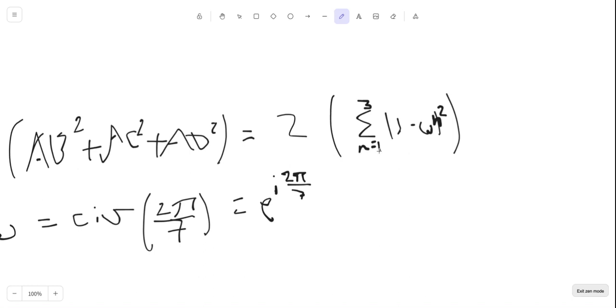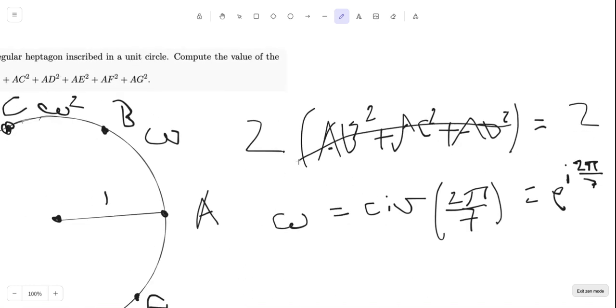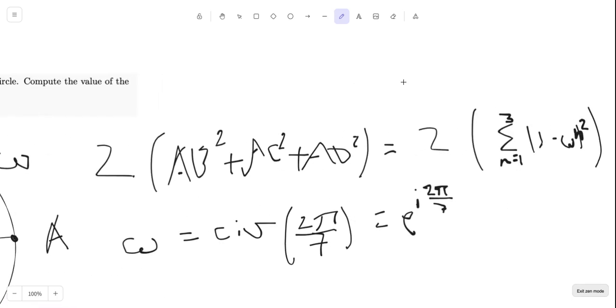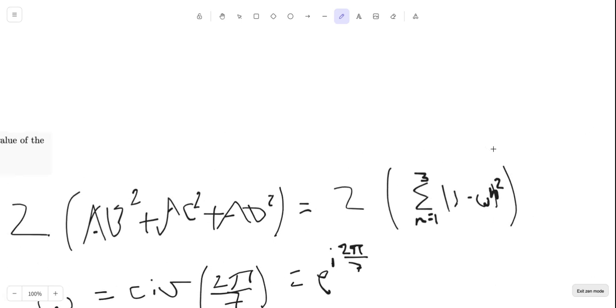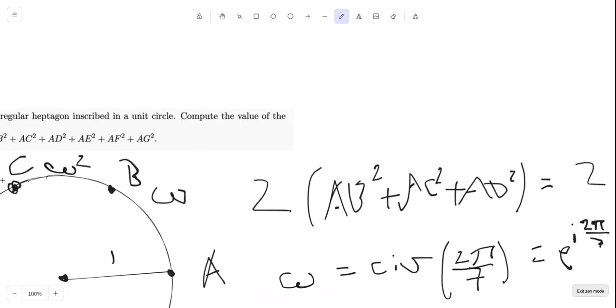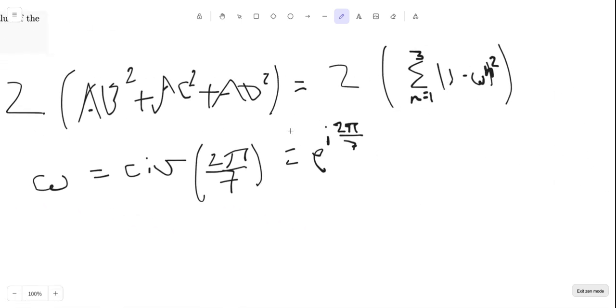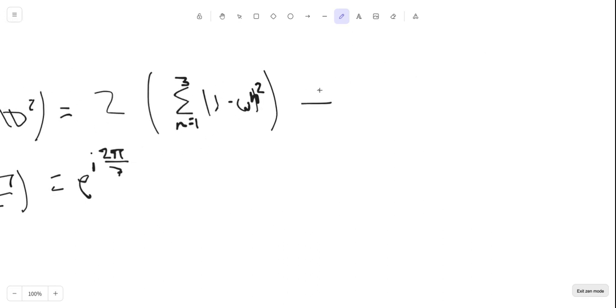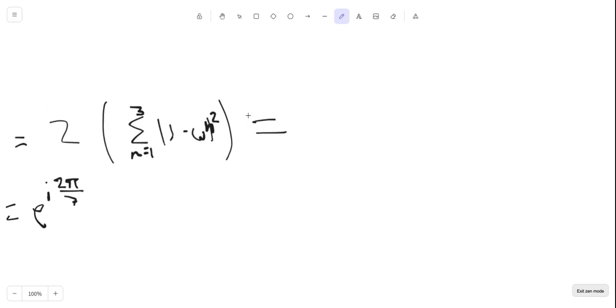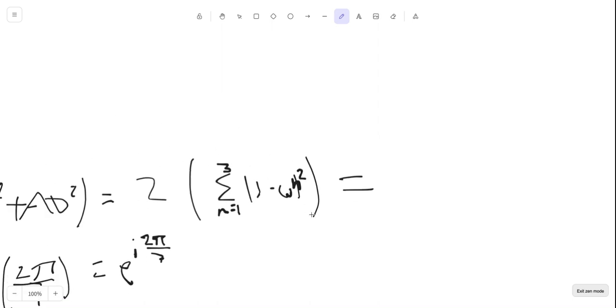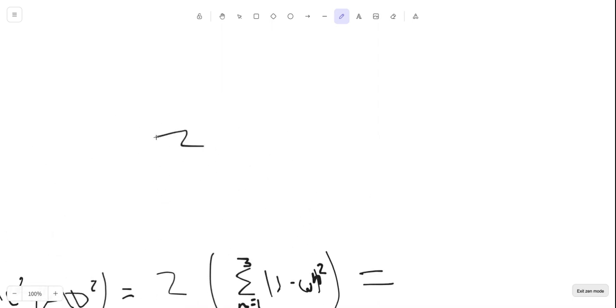So this is the sum of the squares of the distances, because we have these 3 points. Now, given omega, if you have a complex number, its absolute value squared, a well-known fact, is equal to it times its conjugate.